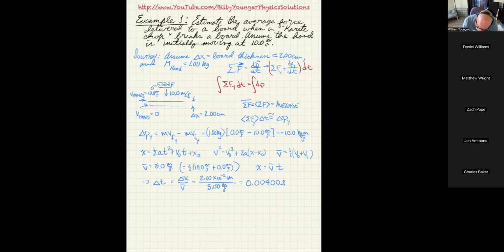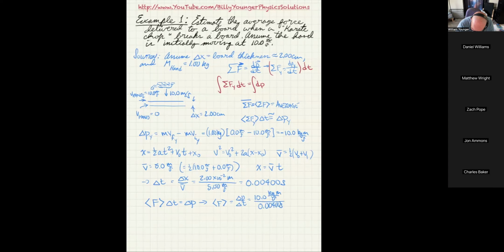Now that we have that, we can say F bar times delta T is equal to delta P. So F bar, or F average, is just delta P over delta T, and we already calculated the delta P. Again, I only care about the magnitude, so I'm going to say 10.0 kilogram meters per second divided by 0.00400 seconds.